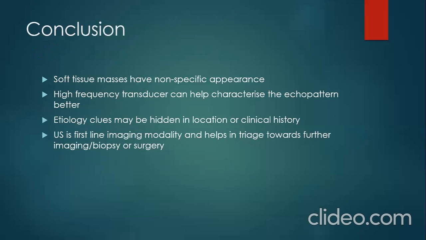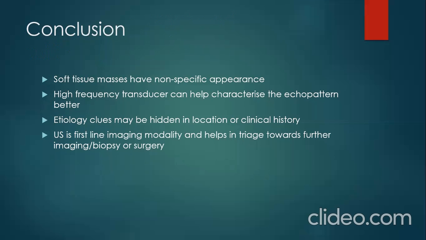So in conclusion, these soft tissue masses have a non-specific appearance, as you have seen. But do not worry about this. As we said, your main role as a sonographer, or the main role of the ultrasound imaging modality, is not to give a definitive diagnosis, but to give a guideline of the lesion that we're dealing with. Where is it located? Are there any suspicious features? Do we need to follow this lesion up?